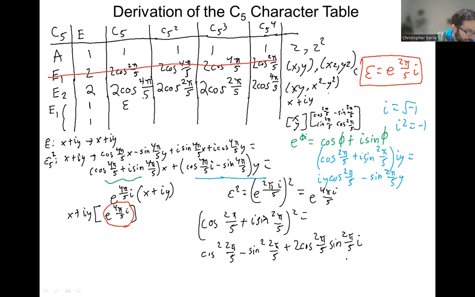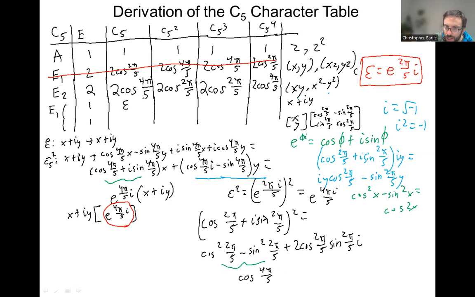And so at this point, you have to recall the relationship that I went over in the last video, which is that cosine squared x minus sine squared x equals cosine 2x. And so this part down here becomes cosine 4 pi over 5, okay?